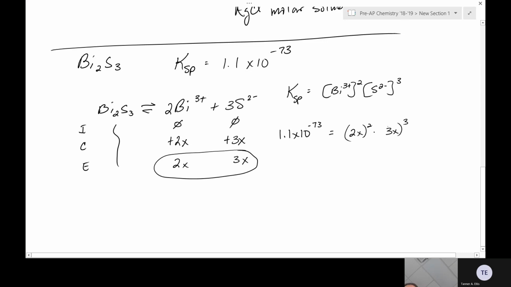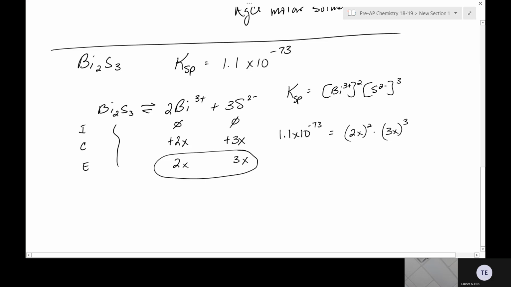3x cubed. Now, I've told you this before, and this hasn't changed. It's extremely easy to forget that this is 2x that has to be squared. It's extremely easy to just write 2x squared and then roll with that number.